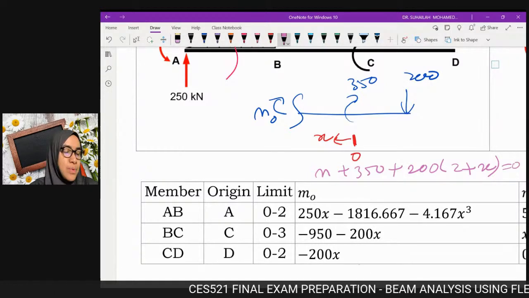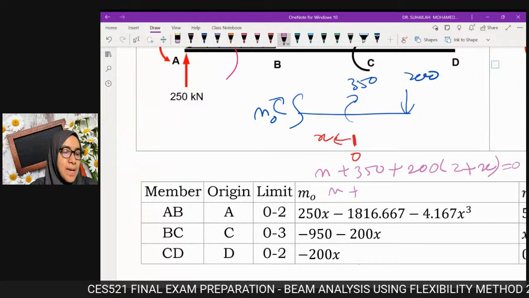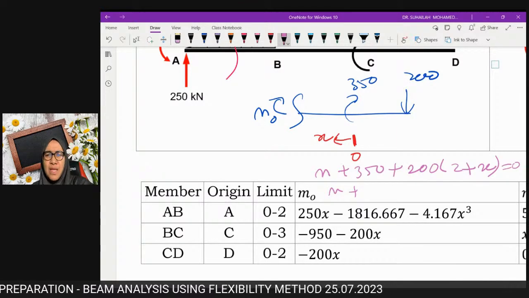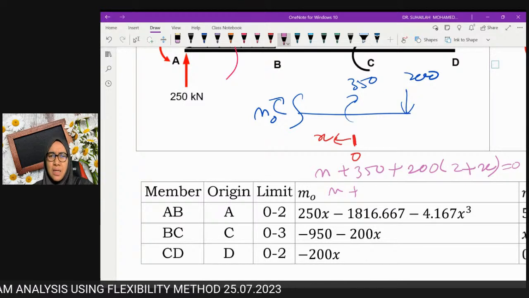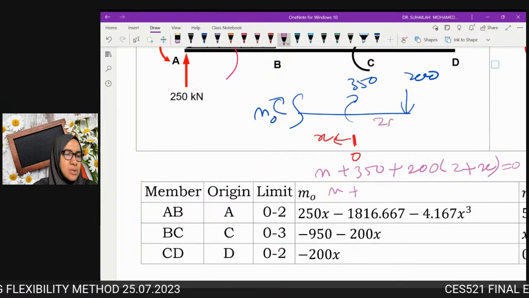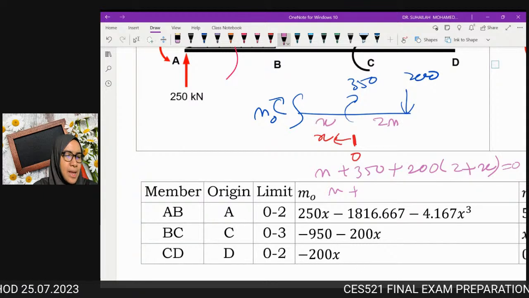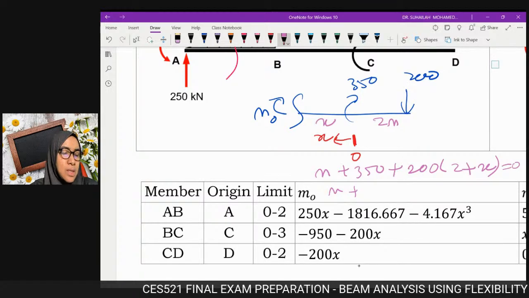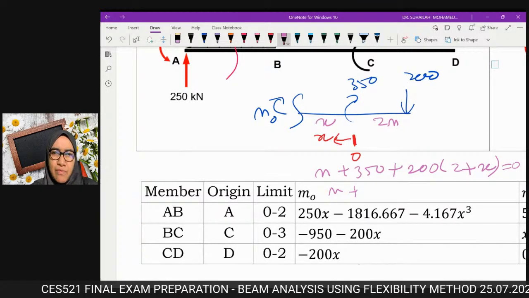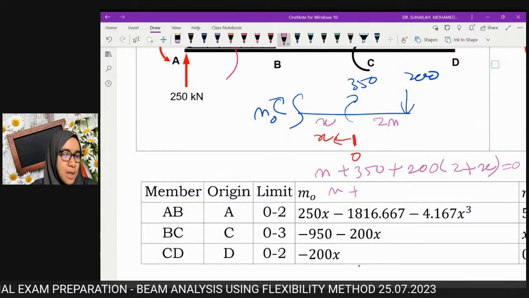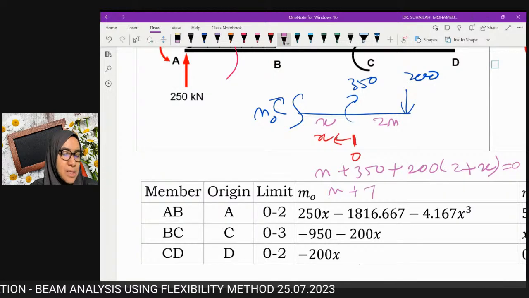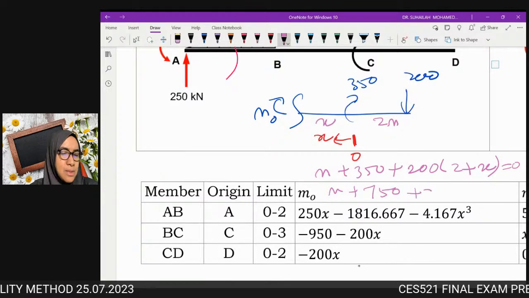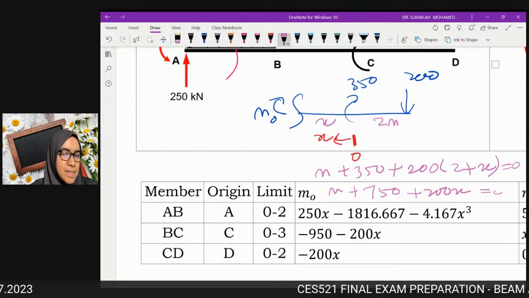So we get m plus 350 plus 400. 350 is multiplied by 2 plus x; this is 2 meters, this is x, so it is 2 plus x. So 350 plus 400 is 750, and we add 200x, equal to 0.